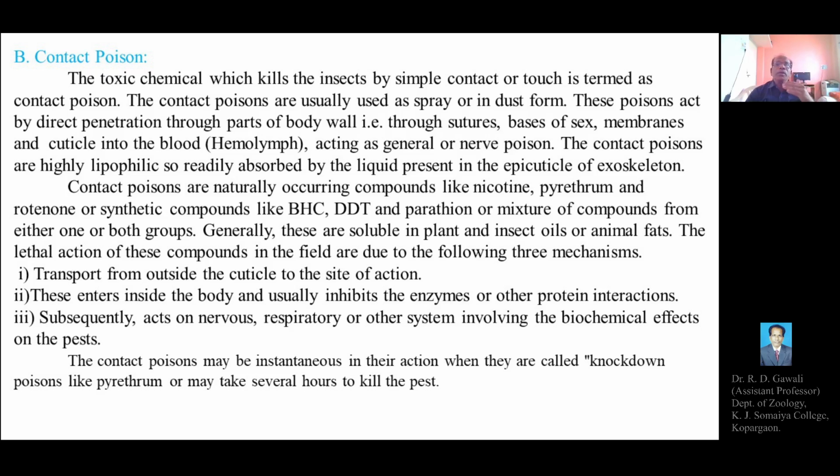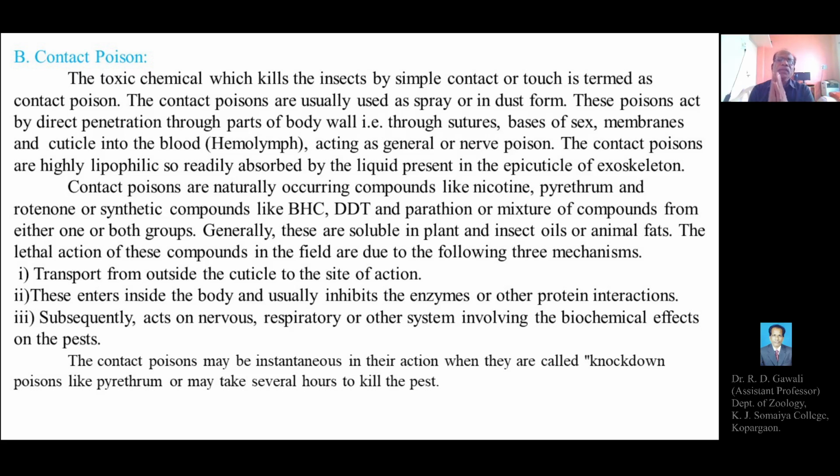Naturally occurring compounds and synthetic compounds can be mixed together and used for the treatment or control of insect pests as contact poisons.